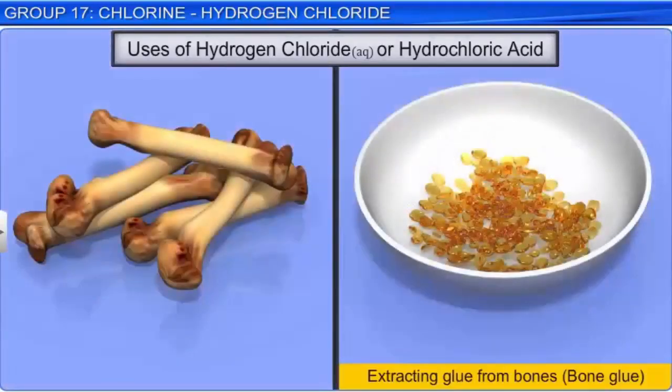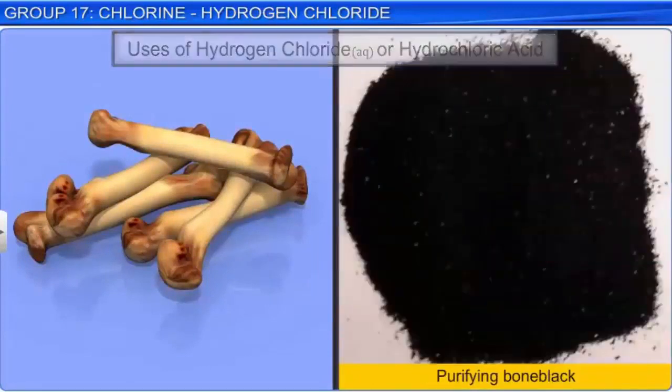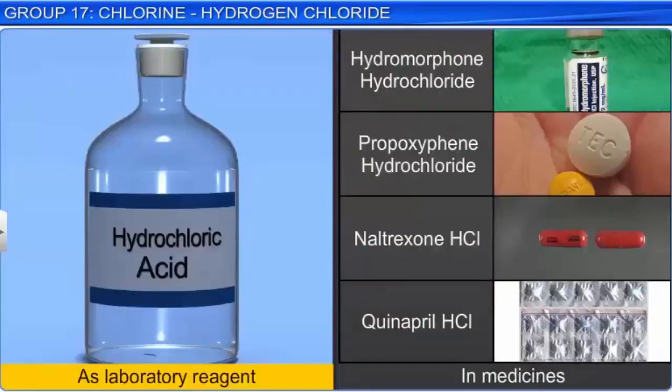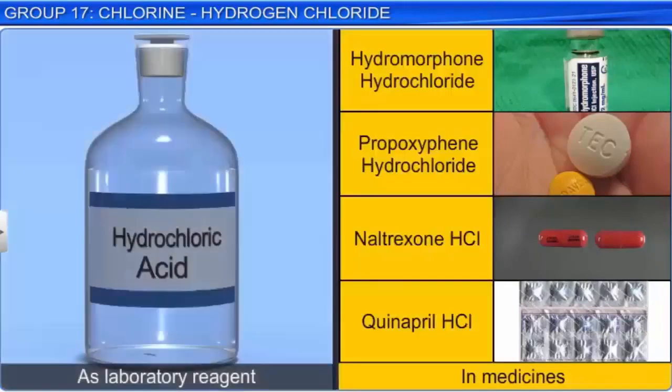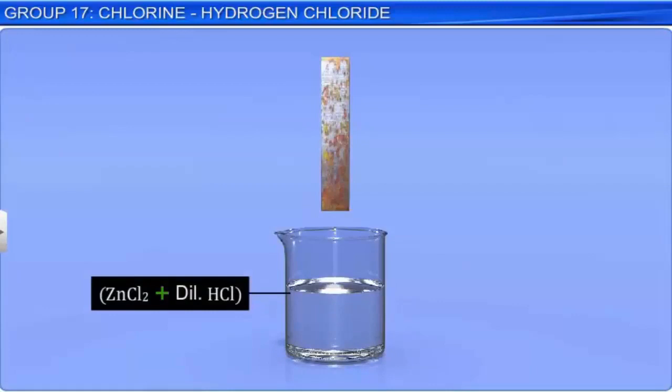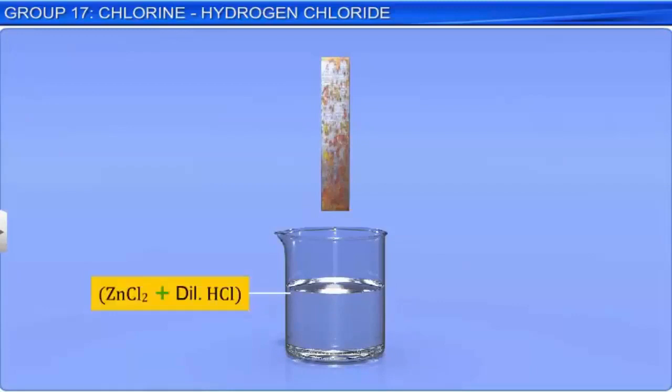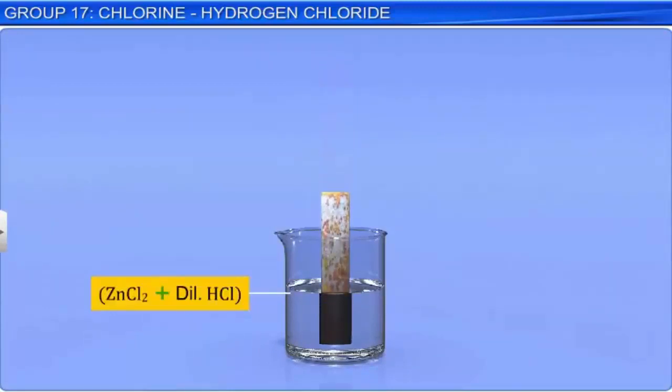It is used for extracting glue from bones and purifying bone black. It is used as a laboratory reagent and in medicines. A saturated solution of zinc chloride in dilute hydrochloric acid is used to remove the impurities on a metal surface before soldering or electroplating.